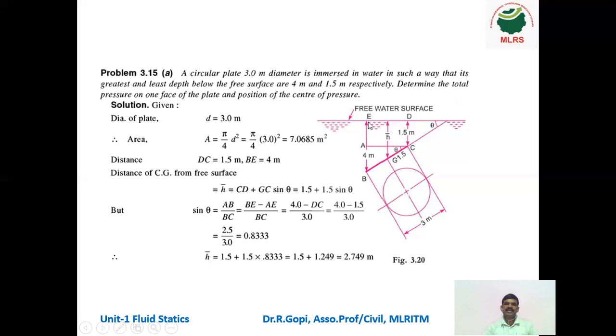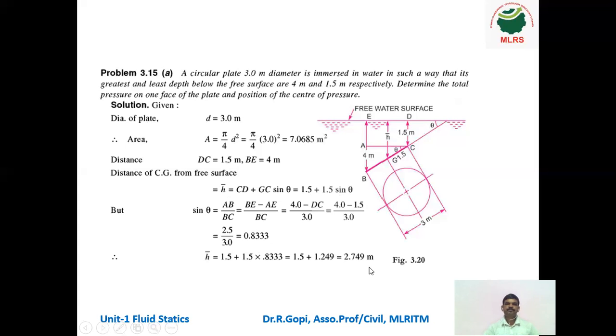Here the AE height and CD height are both the same. From this we calculate the sin theta value, which is 0.8333. Now calculate H bar. H bar is 1.5 plus 1.5 times 0.833. So finally we get H bar equal to 2.749 meter.